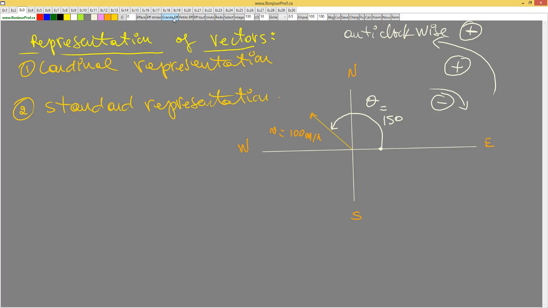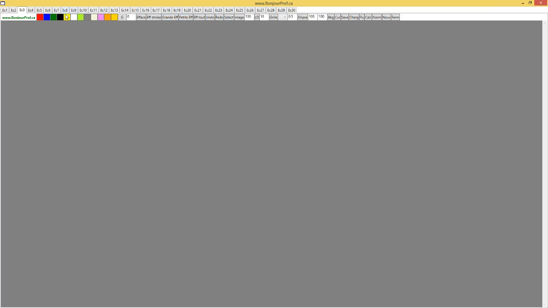So, going to this one here. Exercise. First, find V total equals 30 newtons west plus 45 newtons south.